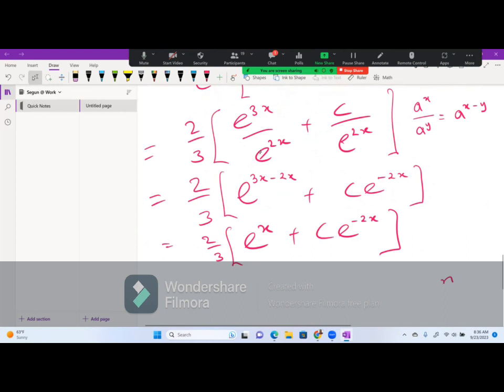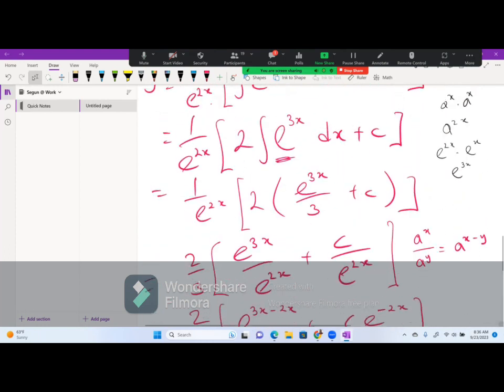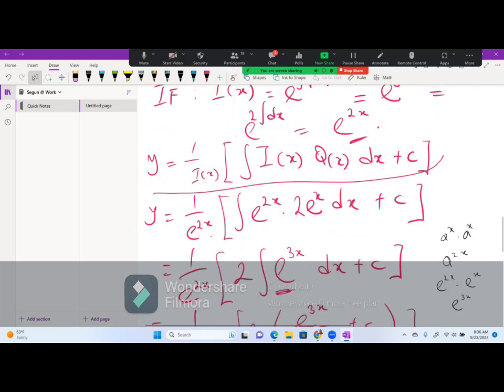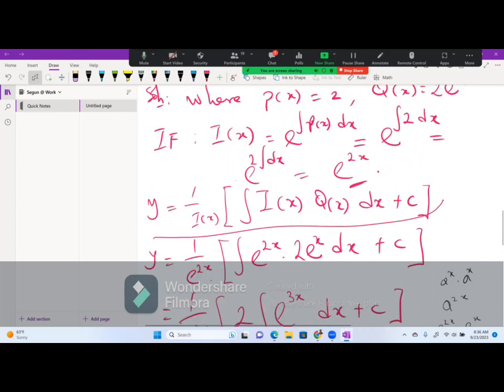Yes, sir. The only problem is how we get the integrating factor, which is I. That is still bothering my mind. Which one is the problem here?